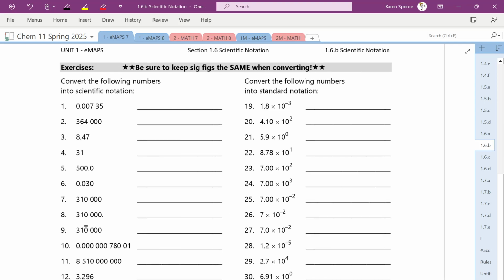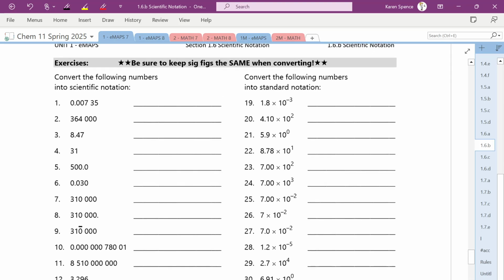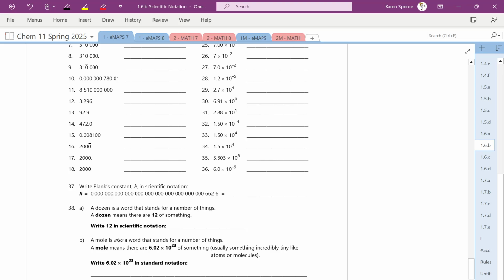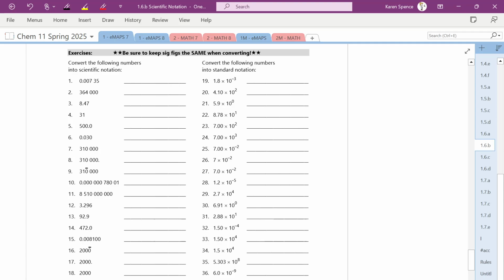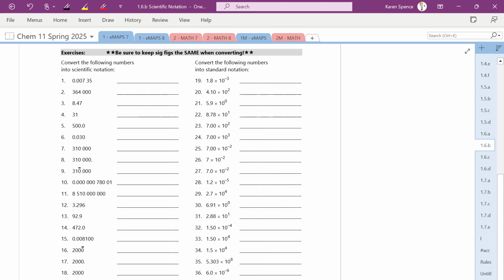So convert the following numbers into scientific notation, convert the following numbers into standard notation. There are a ton of them. How about you do the odd numbers? Yeah, just do them right now, odd numbers. Just so I can come around and check and see if anyone's having any difficulty. Because I know some of you, this is old hat, you've done it lots before.